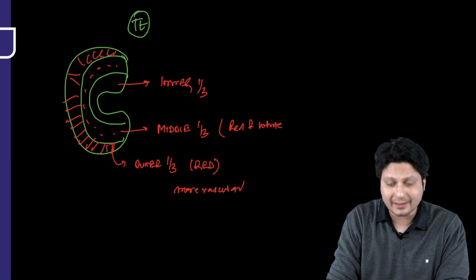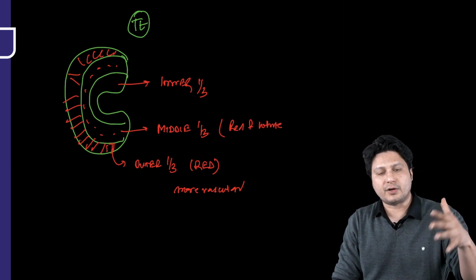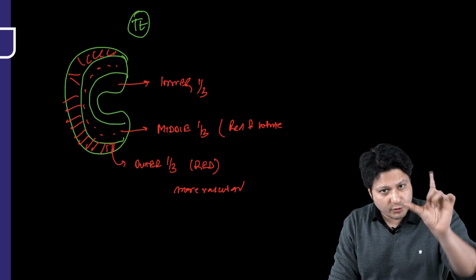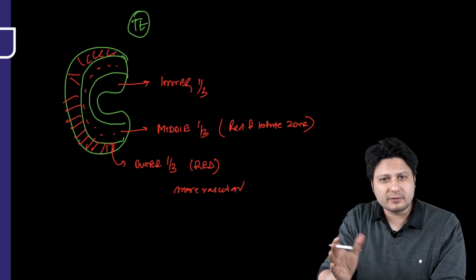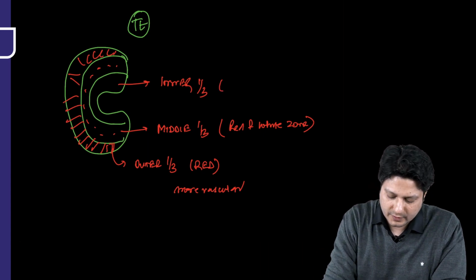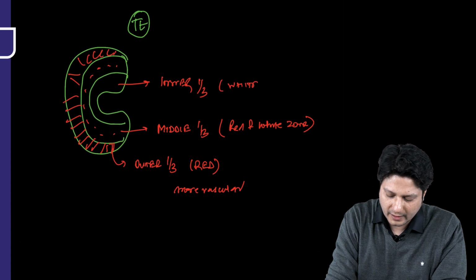Vascularity does not mean that it has vessels; it receives nutritional supply by a diffusion process. So the red and white zone has a mid sort of vascularity, while the inner zone is considered to be a white zone because it is avascular.